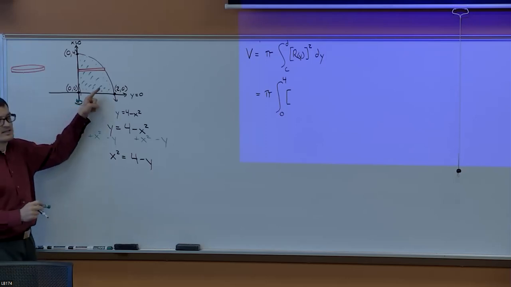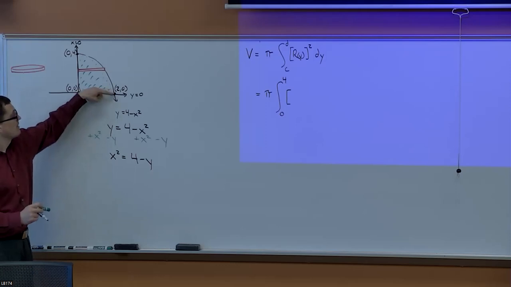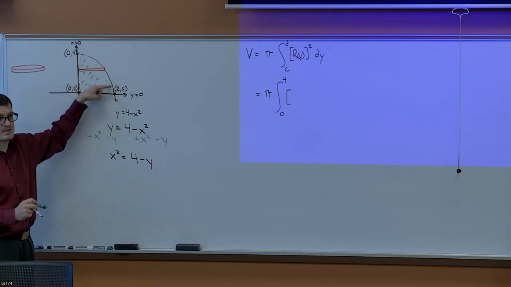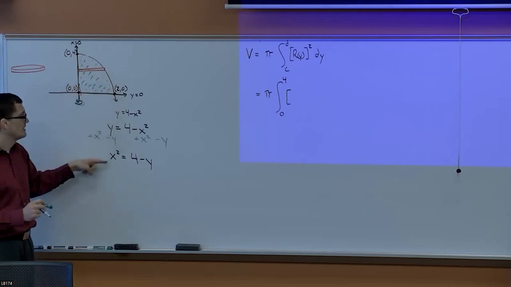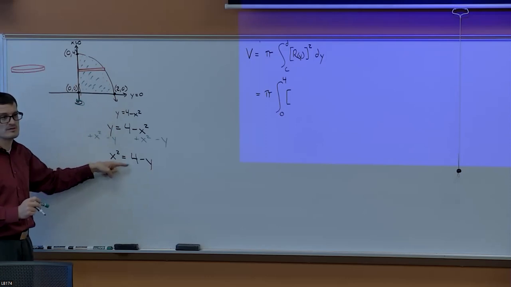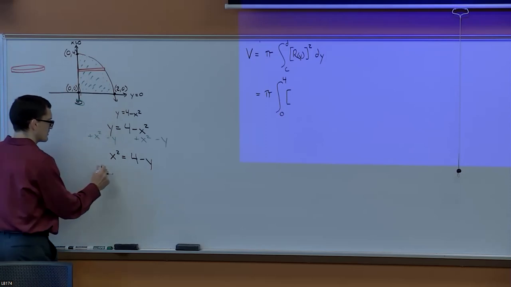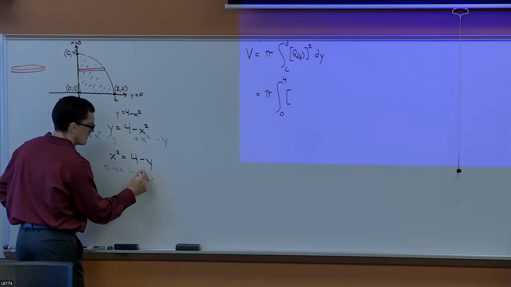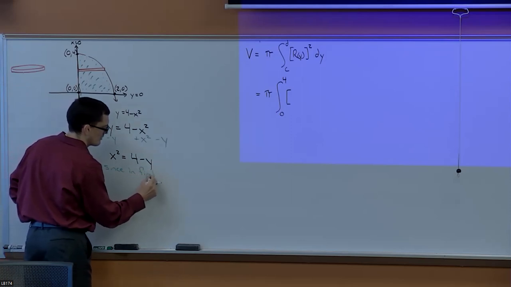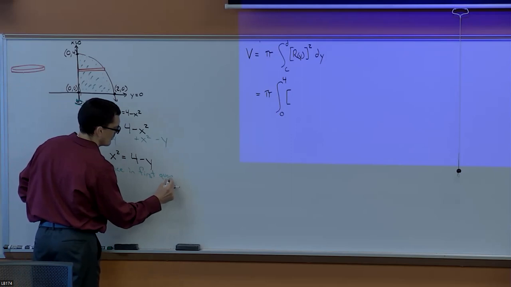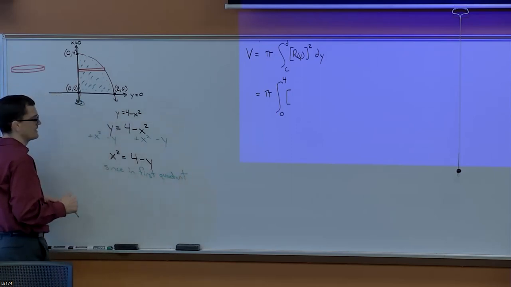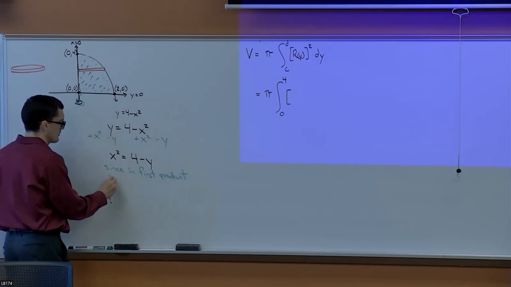But because this entire thing is in the first quadrant, I know that I can take the positive square root of both sides. Does that make sense? Since it's in the first quadrant, the x and y's are all positive.